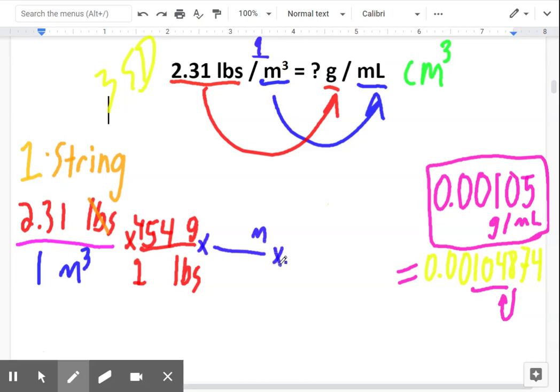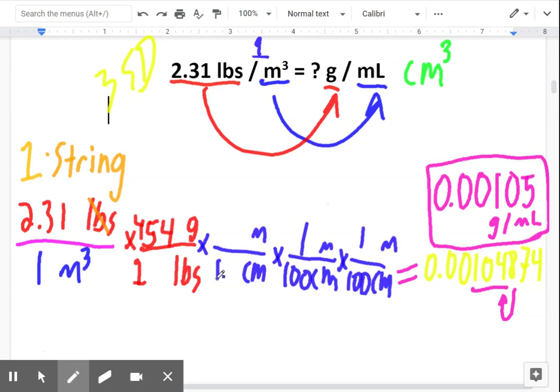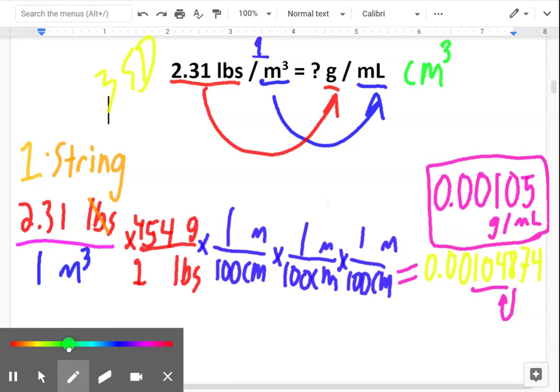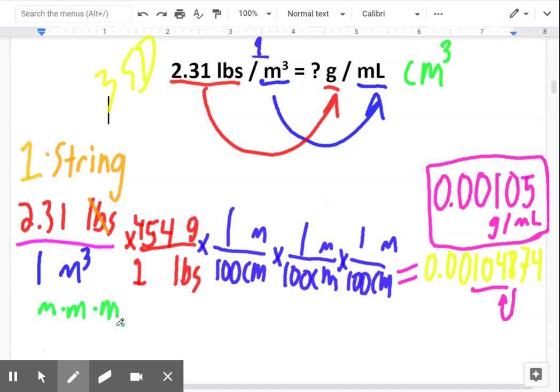I'm going to do that once, twice, 3 times. And each time I'm going to change into centimeters so I can get my milliliters when the time comes. And as always, it's 100 centimeters per meter, 100 centimeters per meter, 100 centimeters per meter. 1, 2, 3 times because, as I said earlier, meters cubed is meter times meter times meter.